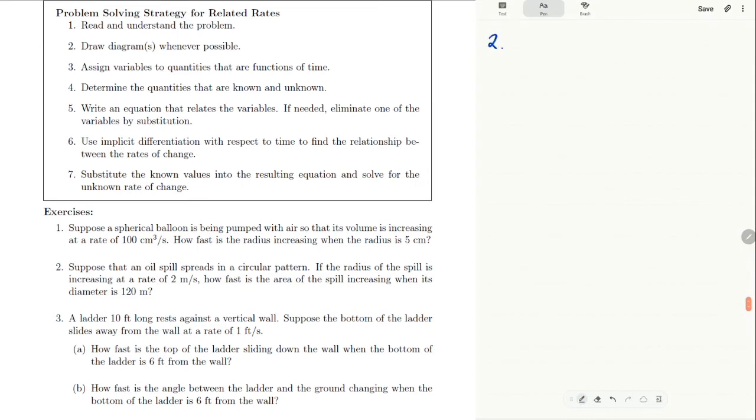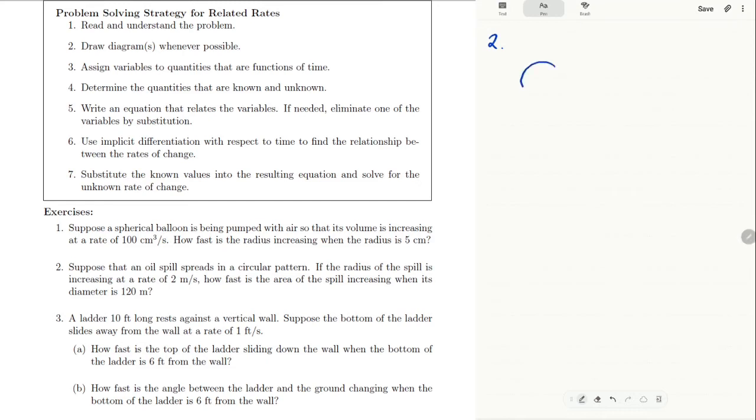In the next example, we have an oil spill that spreads in a circular pattern. And if the radius of the spill is increasing at 2 meters per second, how fast is the area of the spill increasing when its diameter is 120 meters? So let's first draw a diagram of our situation.